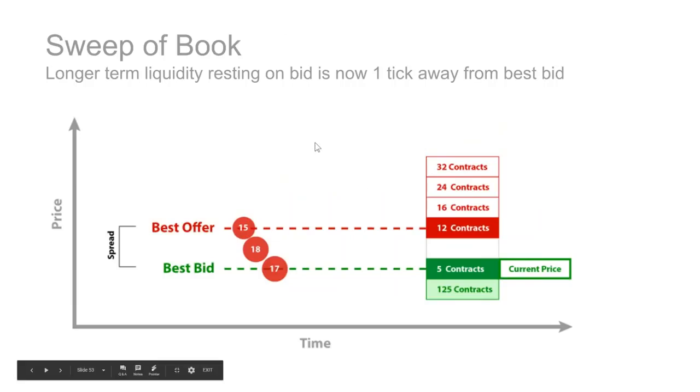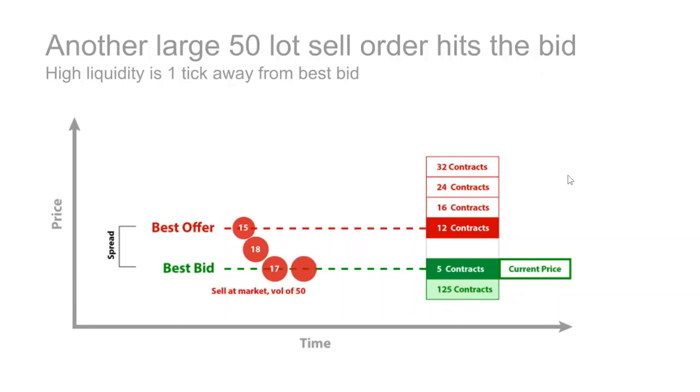Okay. Now let's just speed things up here. We sweep the book lower into some of these lower levels here. There were 22 contracts here, it takes 17, now there are just 5 left, and that is the current price. Okay. So now we're down at 1 tick away from our 125 contracts.